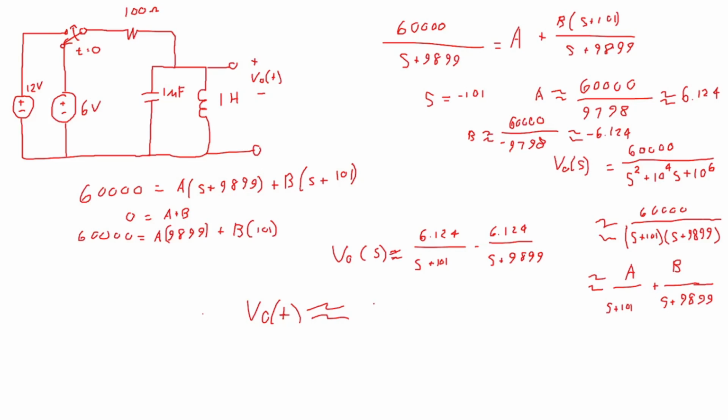So our V out of t must then be approximately 6.124 e to the minus 101 t minus 6.124 e to the minus 9,899 t, as long as t is greater than 0.